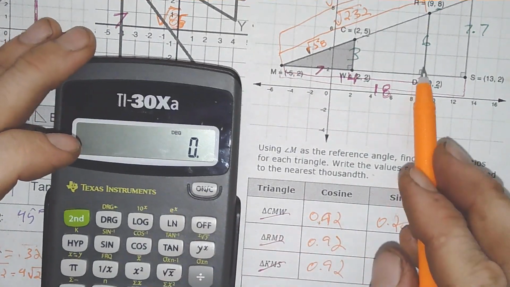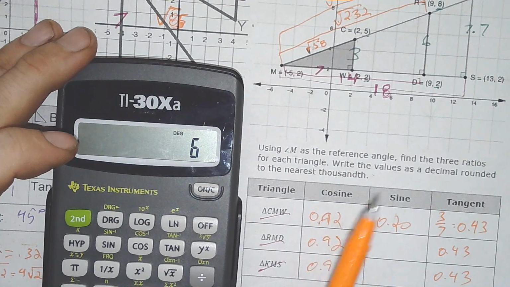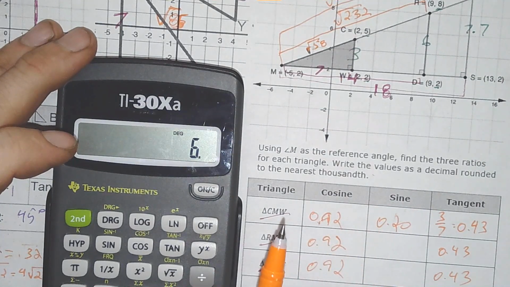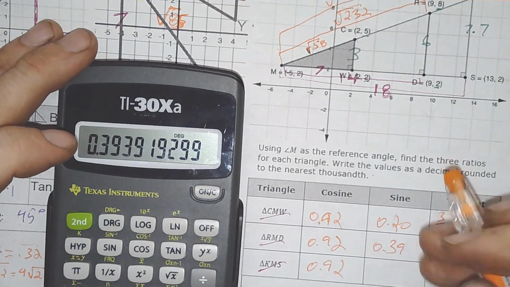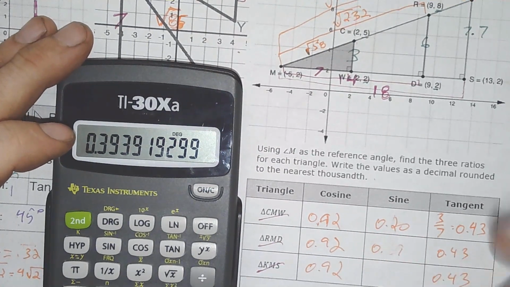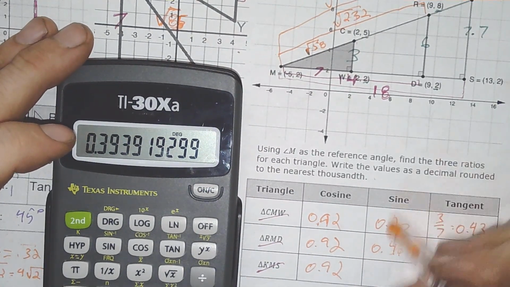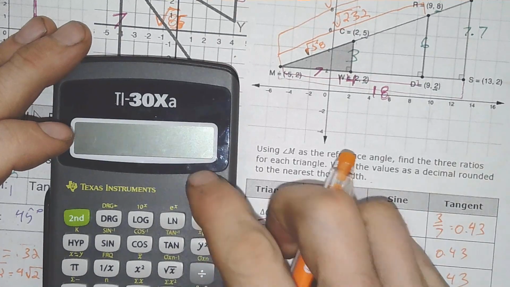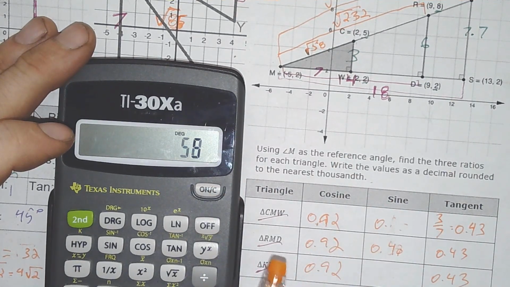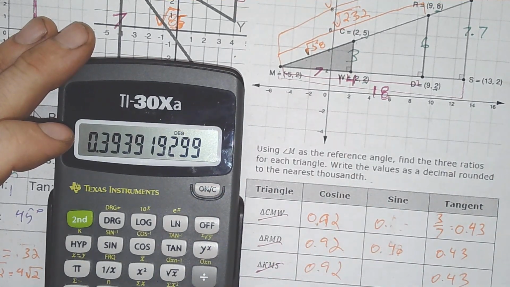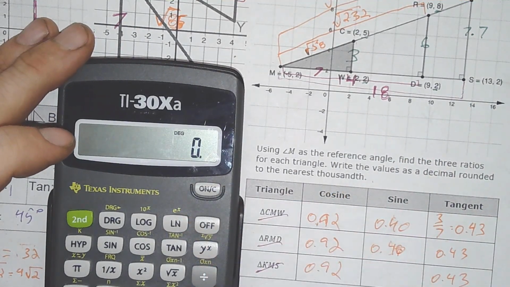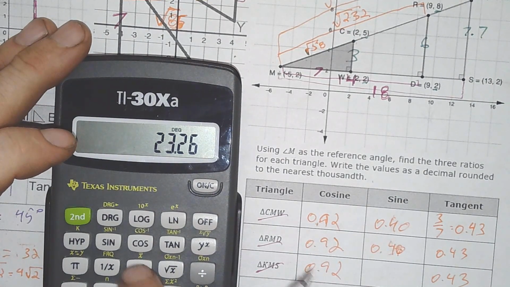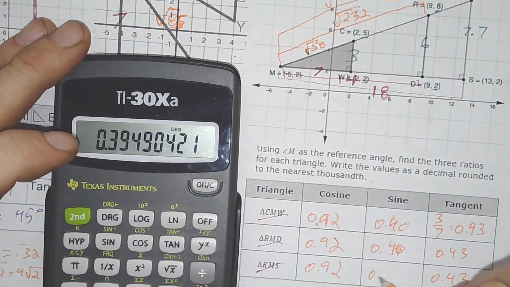Anyway, if I go 6 divided by the square root of 232, it's 0.40. I think maybe this was an error. 3 divided by the square root of 58, yeah, that was an error. So if I put in 23.26 and take the sine, it's 0.40.